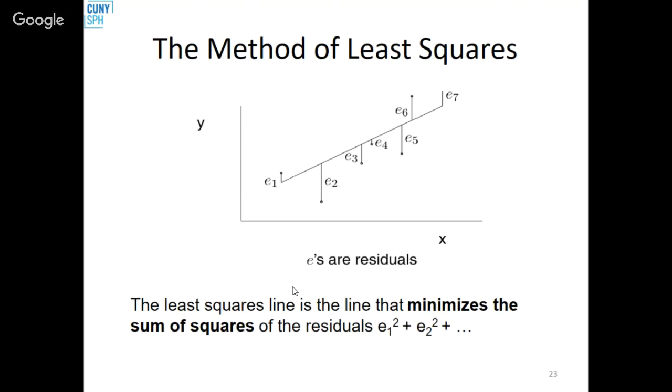We estimate this model from the data by the method of least squares, where we fit a line, defined by the intercept and the slope, which minimizes the sum of squares of all of the error terms. It's not the only way to fit this model, but it's the first way to do it.